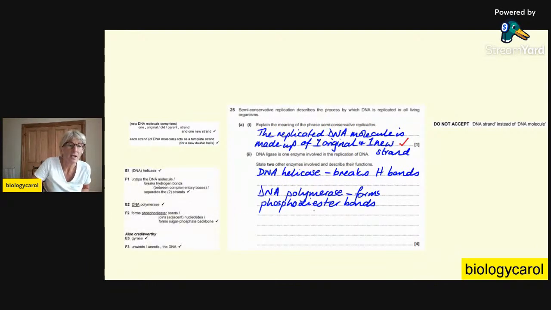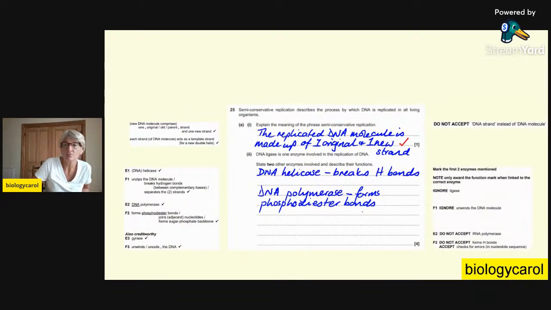So here is the mark scheme. You had to talk about DNA polymerase because you also learn about RNA polymerase. You have to say it joins the nucleotides or forms the sugar phosphate backbone. The classic misconception here is this: that DNA polymerase reforms the hydrogen bonds.